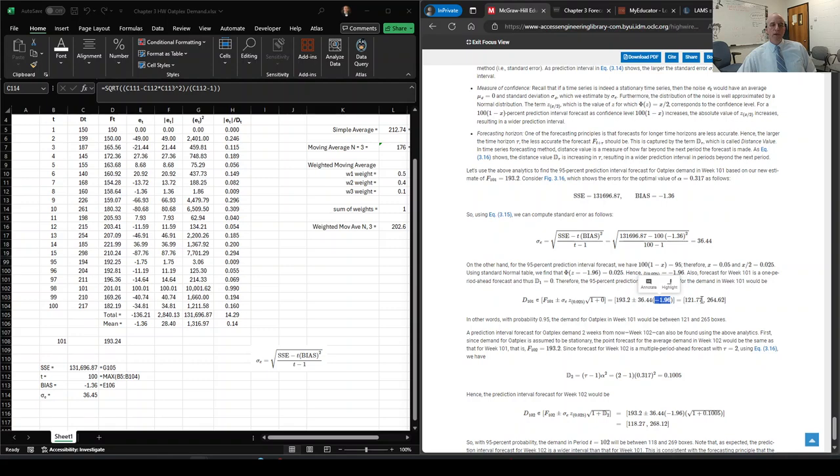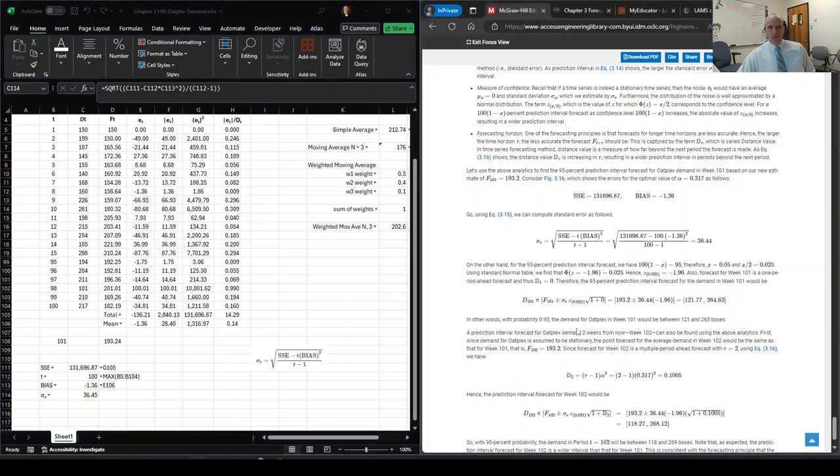And then we're going to get our upper bound, 264.62, and our lower bound, 121.77, based on a 95% prediction. So what does that mean? That means we can be 95% confident that the true demand is going to be inside these upper and lower bounds. So let's calculate that.